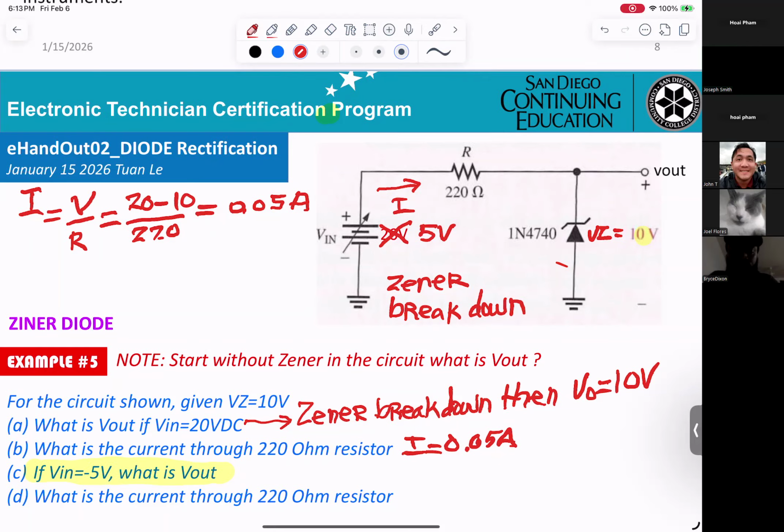They will be breakdown, or they will be working normal, or whatever happened. And we have to come up with that. Okay? Now if you get a 5 volt, tell me what happened to the Zener diode? They break down, or they can be normal.